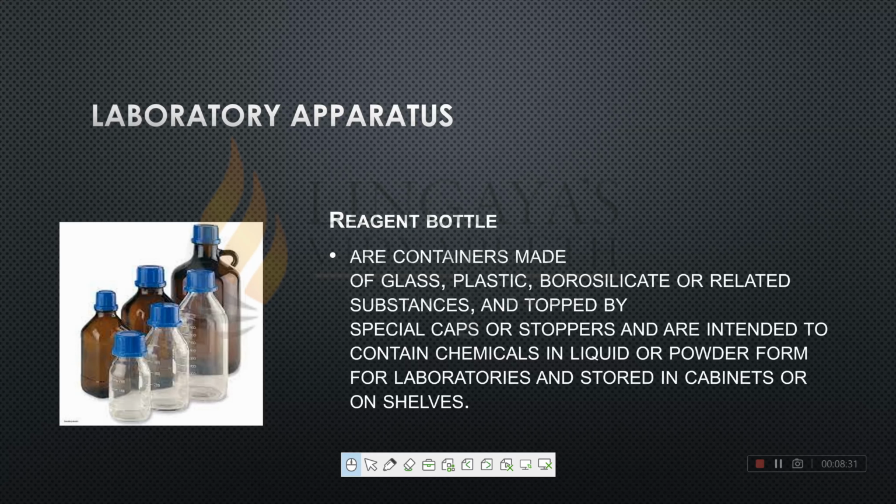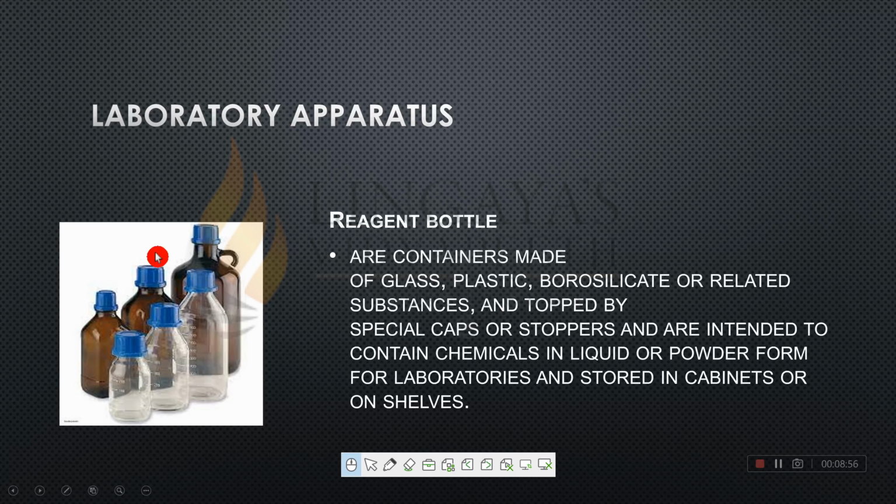Alright, so there are some solutions that will react to the sunlight or light. Those solutions which will react to the sunlight or the light are stored in the amber color bottles. These are the brown color bottles, called amber color bottles. So they are stored in the amber glass bottles.